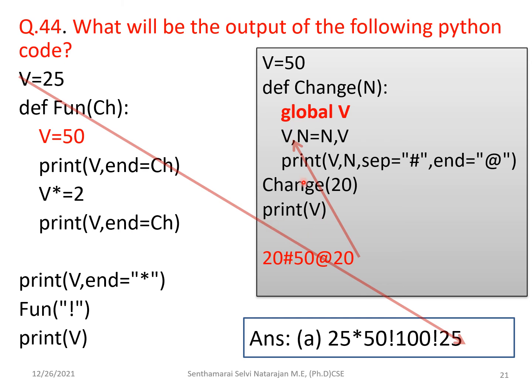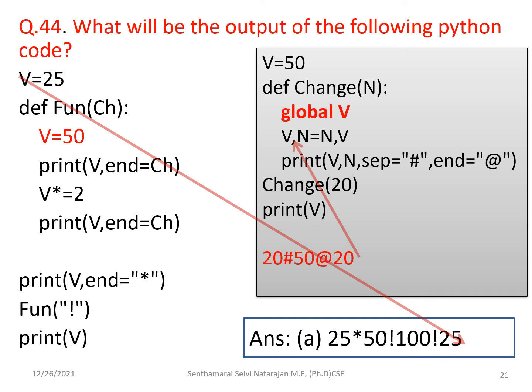So this print v will be printing this 20. Since the value which is changed in the function gets reflected. But here you see the global value is 25 and here within the function it is not defined as global, so whatever changes made to this variable v will not get affected, so the global value is taken and it is printed here.